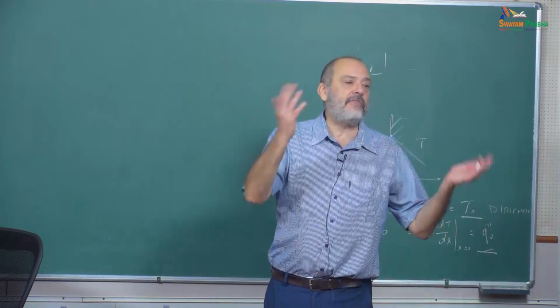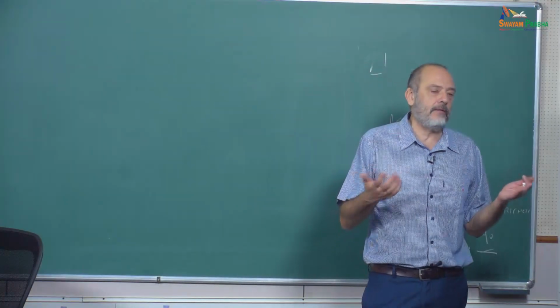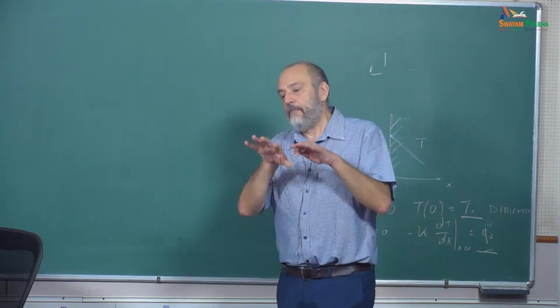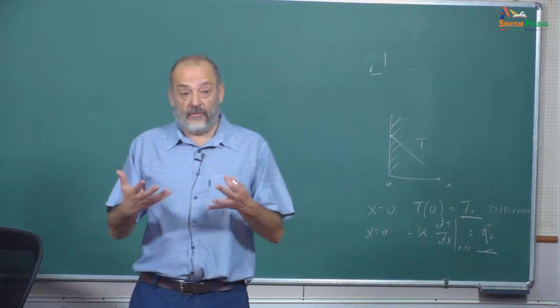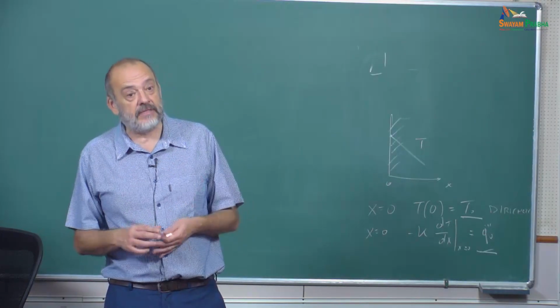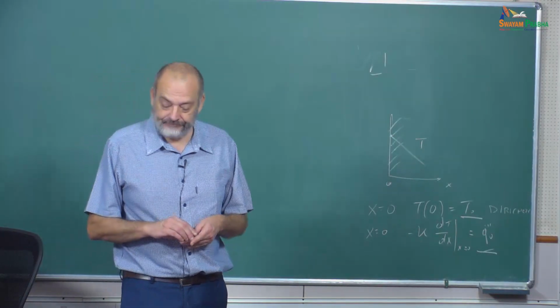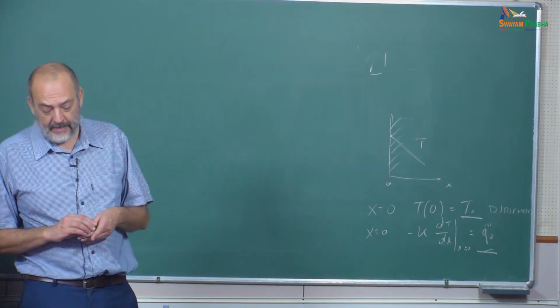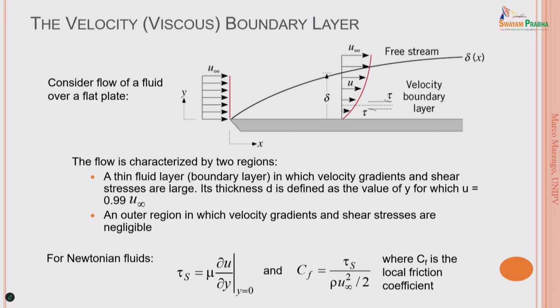Above the boundary layer, we can neglect the presence of the wall, but under it, we need to think that there is a wall and the velocity will change. From the shear stresses, we can also build simplified coefficients like the local friction coefficient, which is nothing else than the stresses divided by the kinetic energy.